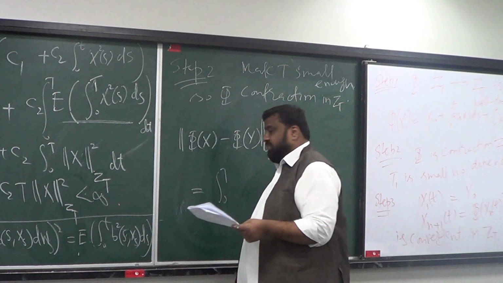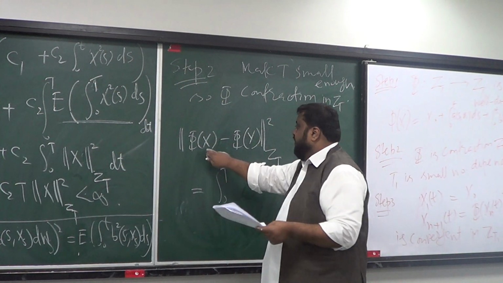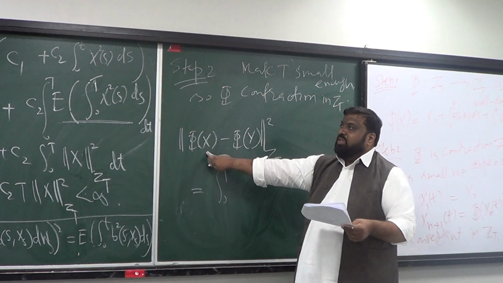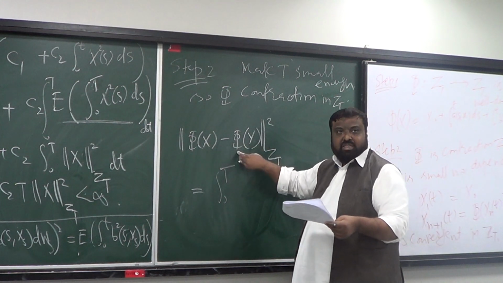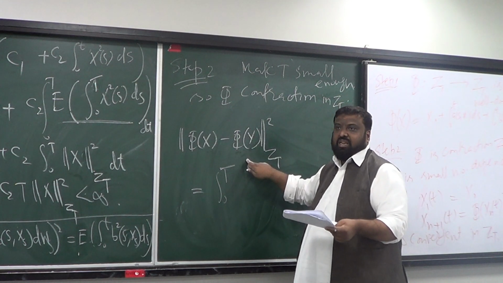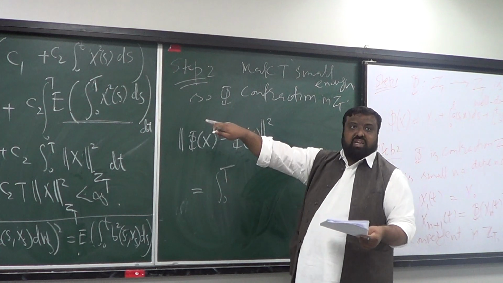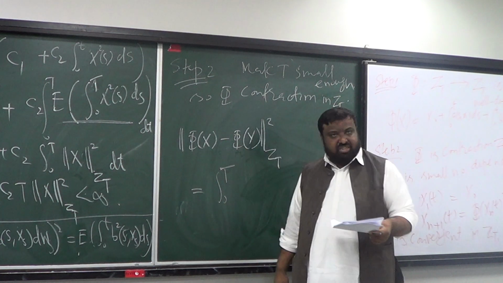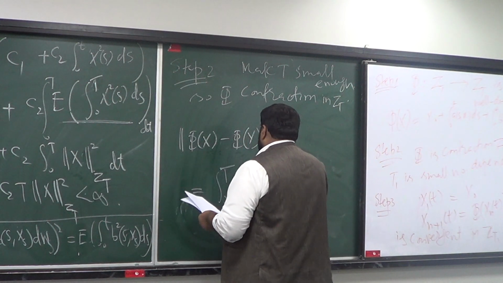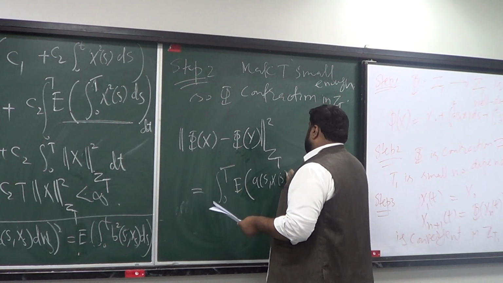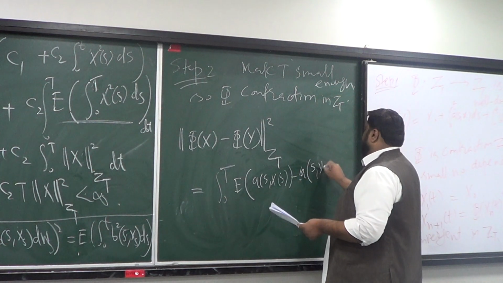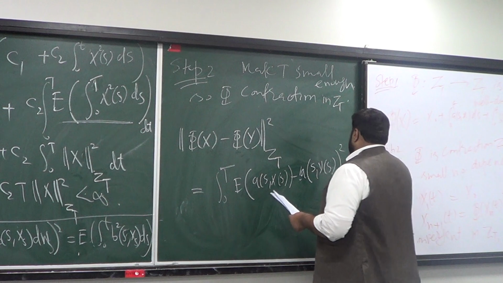Phi of x is x naught plus deterministic integral plus stochastic integral. Phi of y is x naught plus deterministic integral plus stochastic integral. So their difference, you're going to get this kind of expression: the integral from 0 to t of the expectation of a of s, x of s minus a of s, y of s, squared, ds.